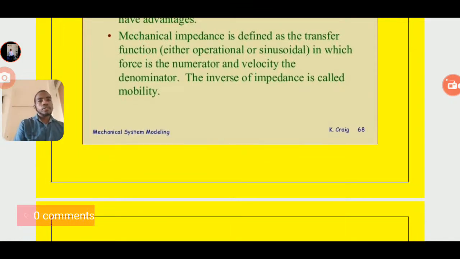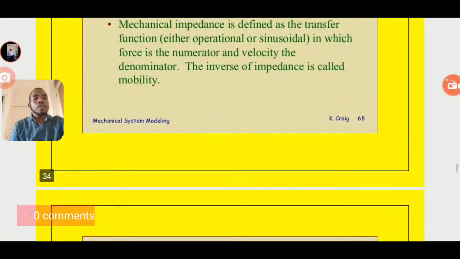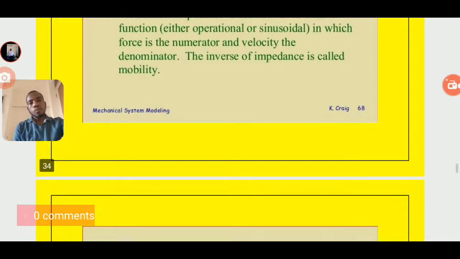So the inverse of the impedance is called what? The mobility. The inverse of mobility is impedance, whereas the inverse of impedance is mobility.